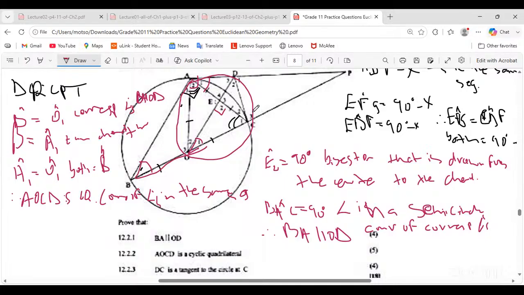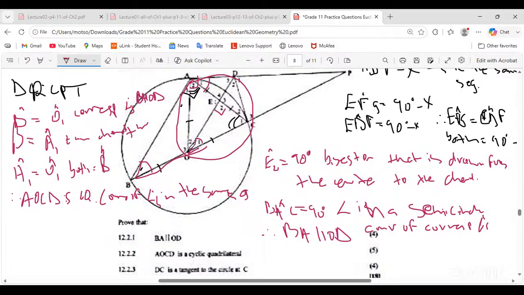How can we show that? This angle is equal to that angle. We need to show that. Let me have a look at how we can prove that.